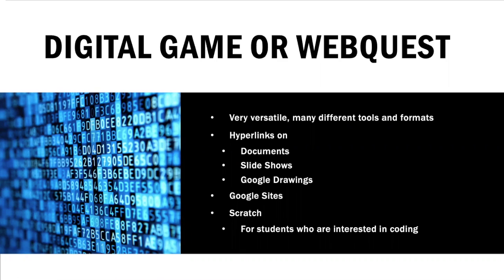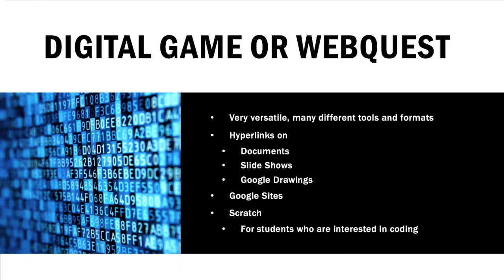Something that I found a lot of my teachers have done has been hyperlinks. So I get a document with sections with questions, and there's a hyperlink at the top that says, click here to start section 1. So I'll click there, it'll bring me to a page say about a certain battle of the Civil War.